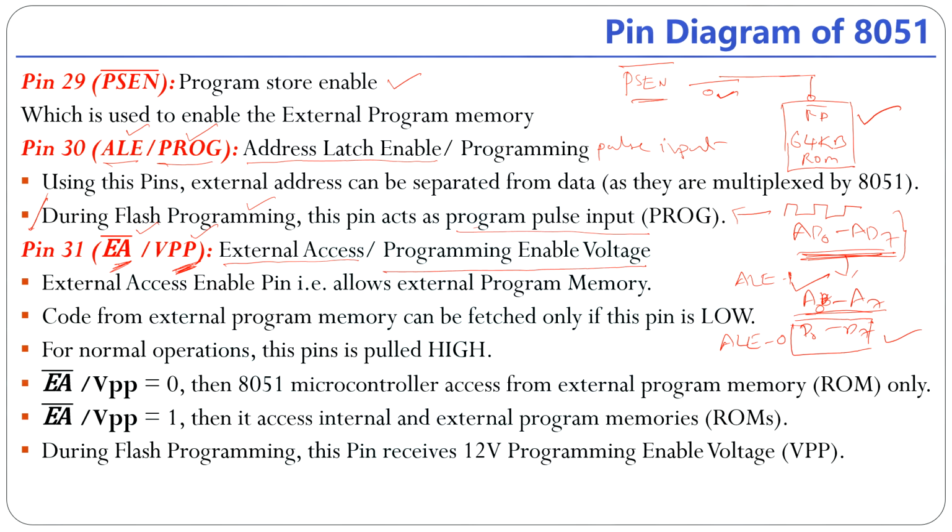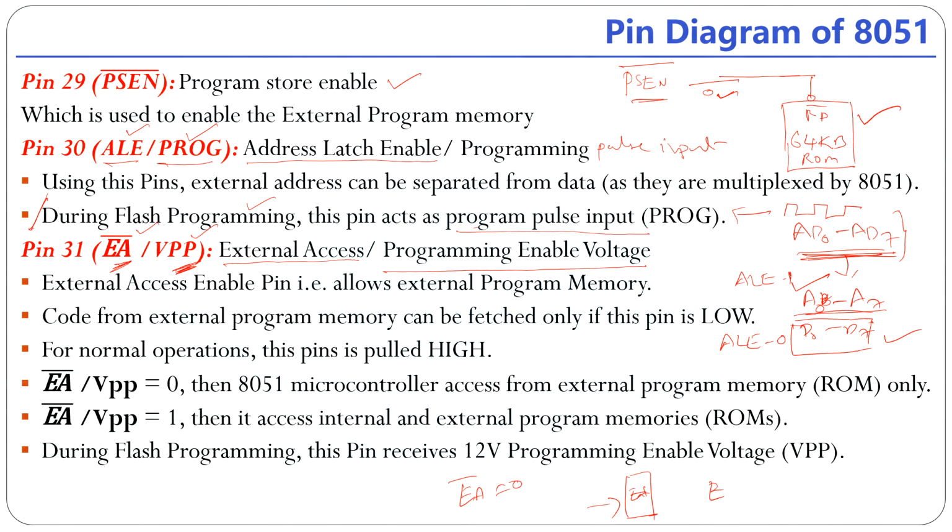First we will see external access. The external access enable pin allows the external program memory. That means the 8051 microcontroller uses only external memory when it is connected to logic 0.